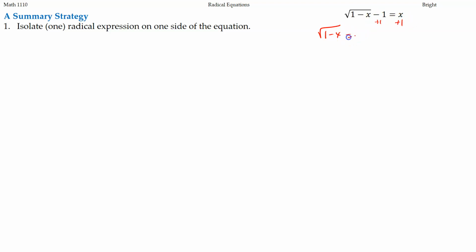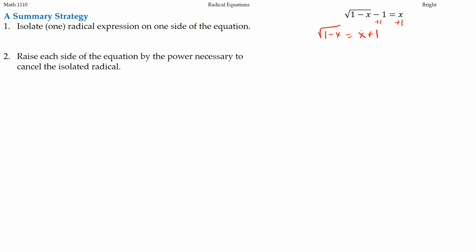Now in this first step, my radical is completely isolated. Next, what I ended up doing was squaring both sides. That just means I have to raise each side of the equation to the power necessary to cancel the isolated radical. This is a square root, so it's a 1/2 exponent, and I would cancel the square root by squaring both sides.